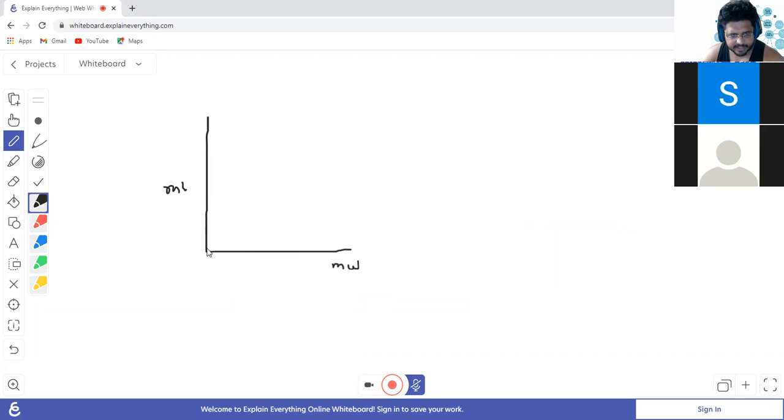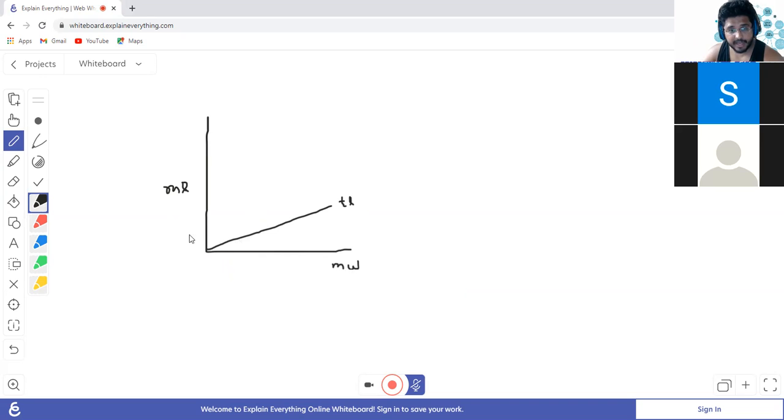Now suppose I added one more parameter here, that is the tail length of the mouse. I was measuring mouse length with respect to mouse weight, and that was a bivariate linear regression, a simple linear regression.